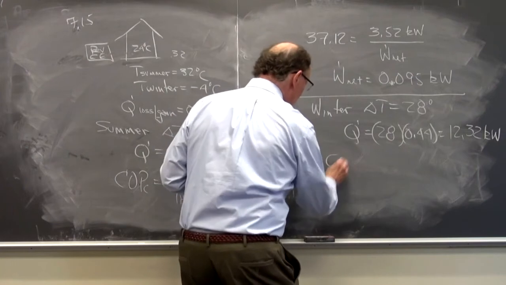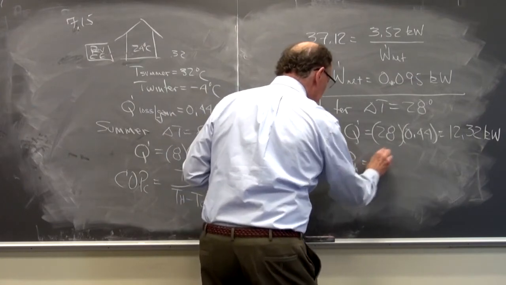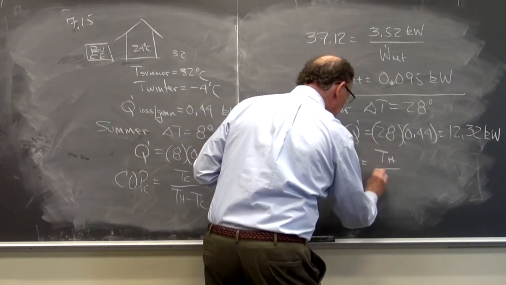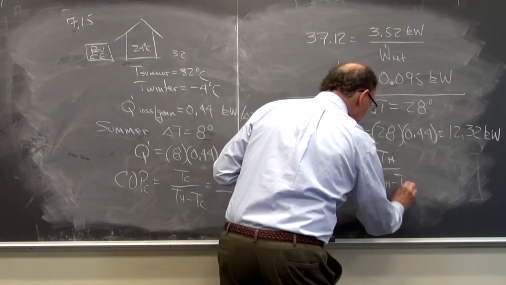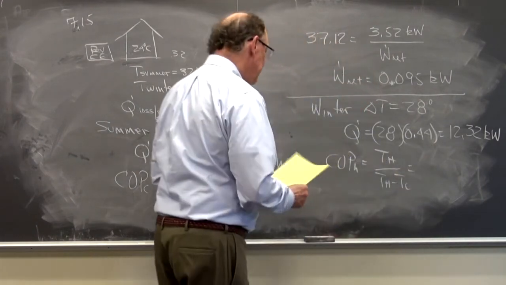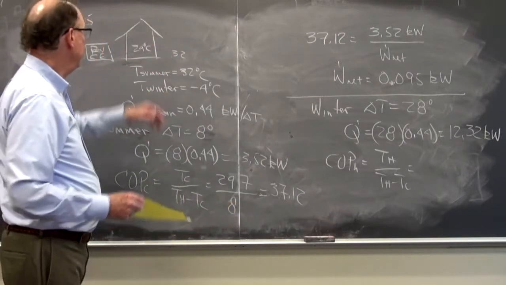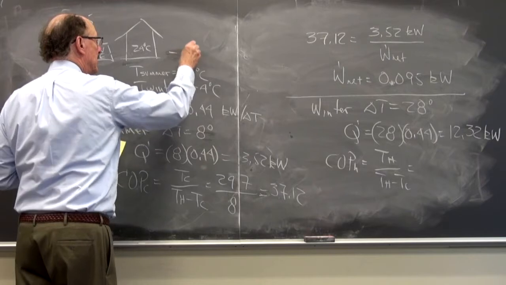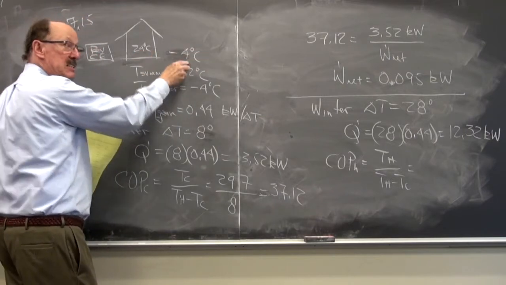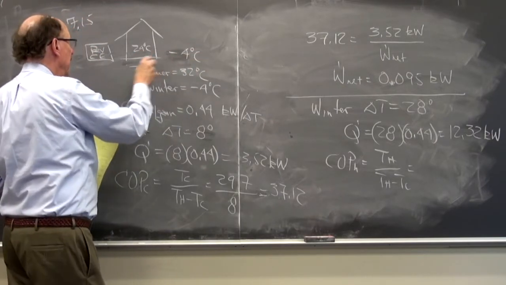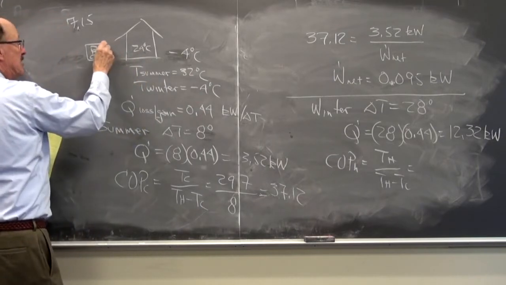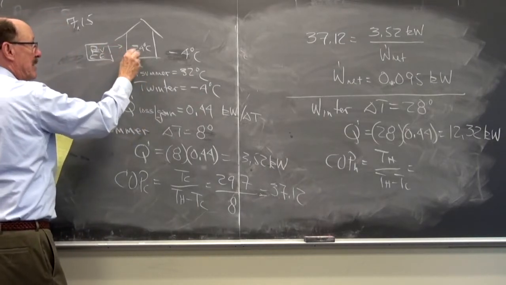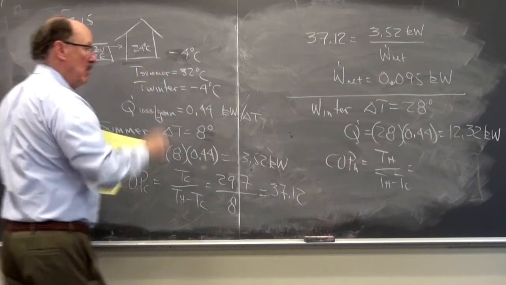And the COPH is equal to TH over TH minus TC. So TH in the wintertime, this is minus 4 degrees C. So this is the TH and this is the TC. And now what happens is this is the Q dot out, has to go in to replace the heat that's being lost.